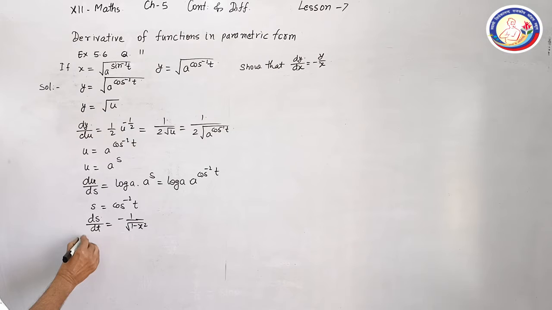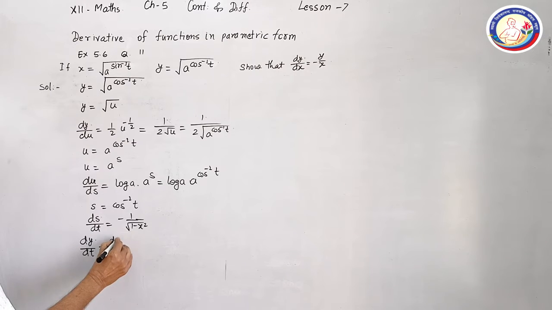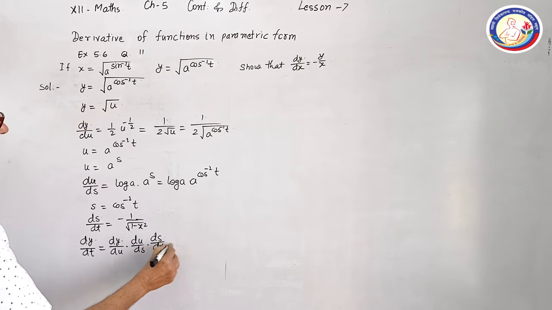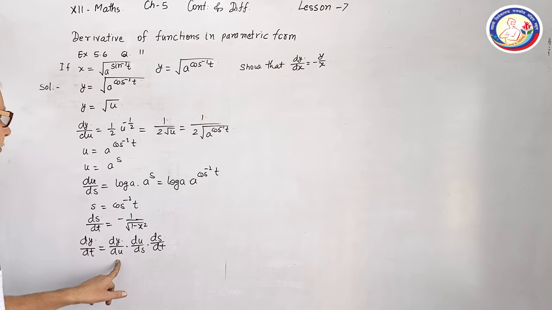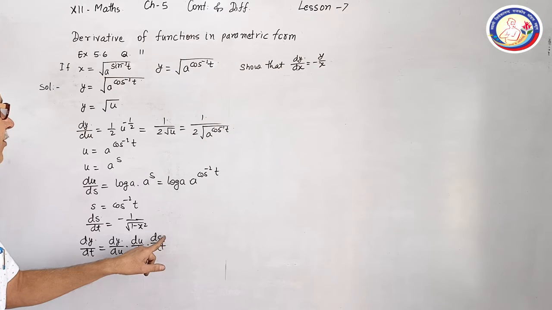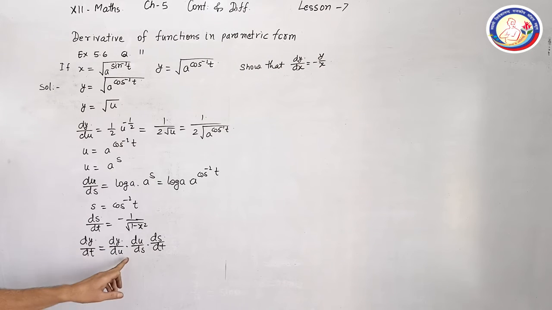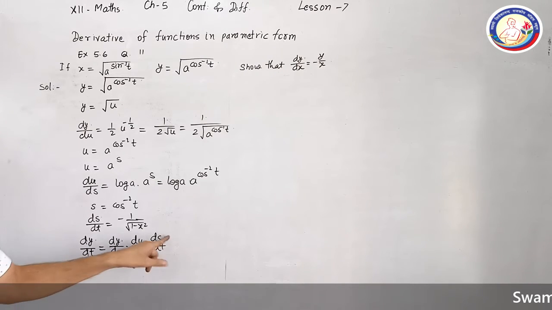So now the derivative of y with respect to t will be dy by du into du by ds into ds by dt. In place of u and s, you can take different symbols, different functions.